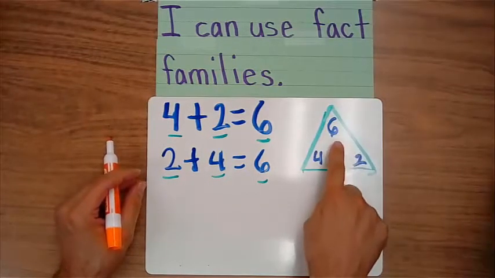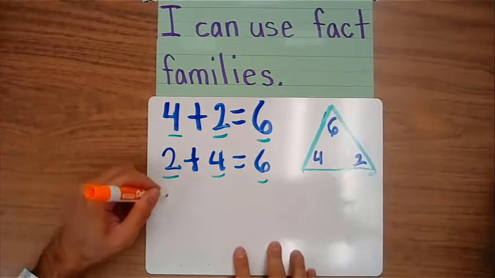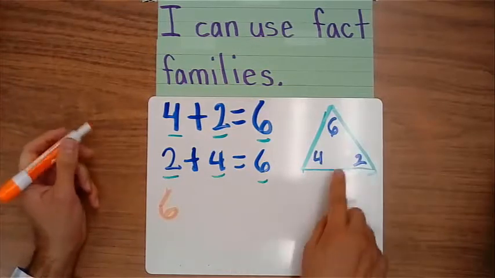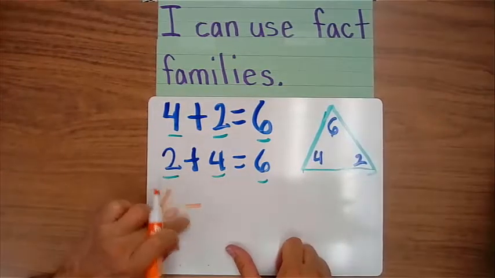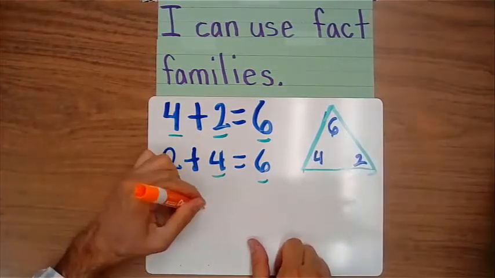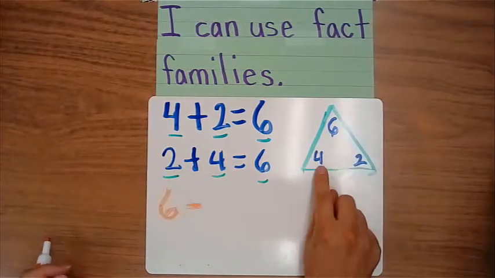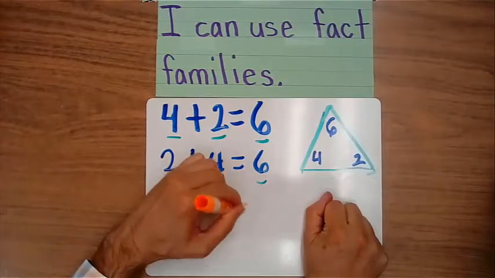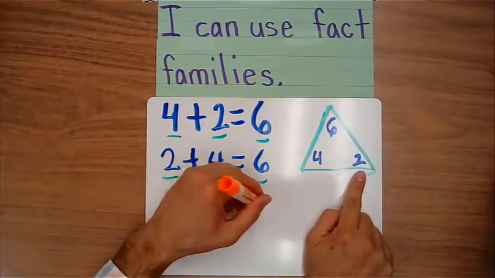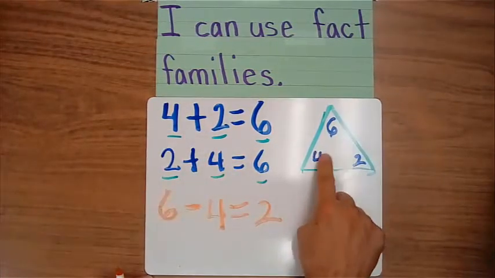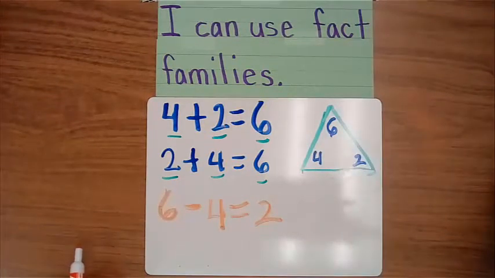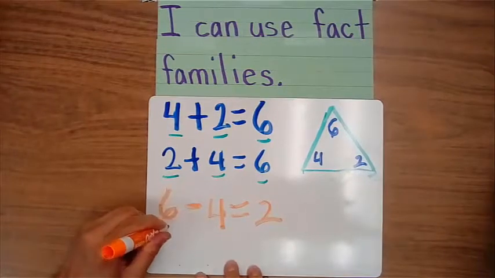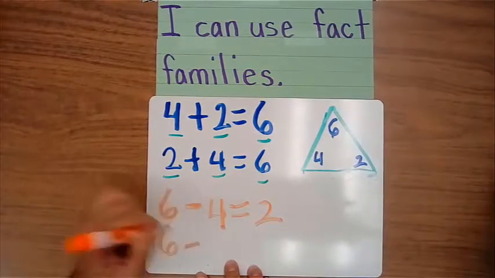Well, I could look for the biggest number and I could say 6 minus, 6 minus what? Well, I could say 4. 6 minus 4 equals what? 2. Okay, and I'm only using these family members. There's one more I could say. I could say 6, because I'm starting with the biggest number, minus what?